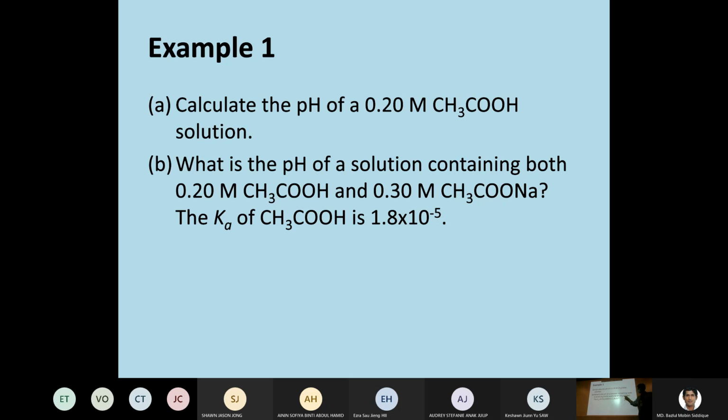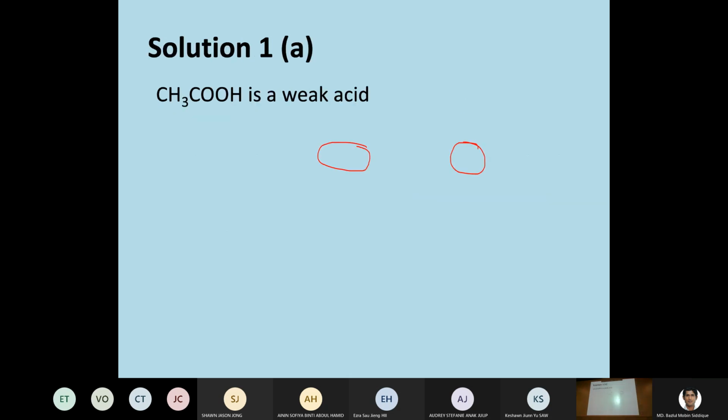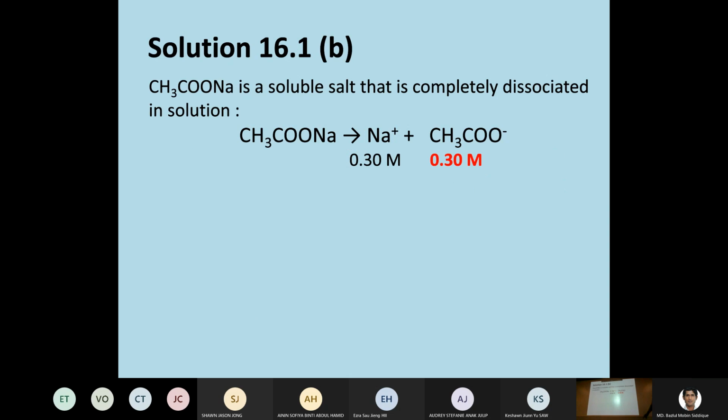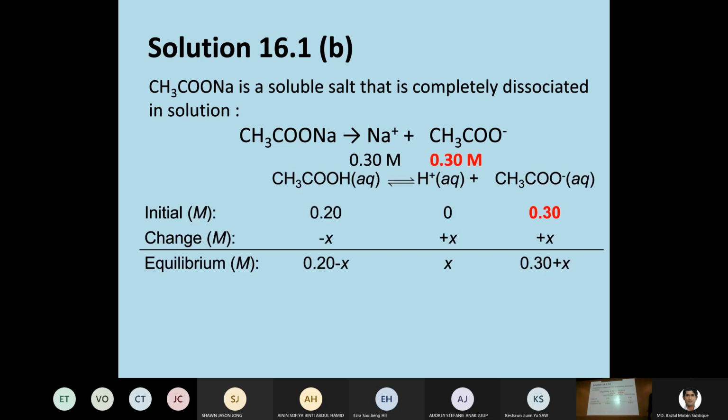Now, this 0.3 molar is overpowering this 0.2 molar of acetic acid. This is the interesting part here. So this is 0.3 molar acetate, and the next line we have done is this one.